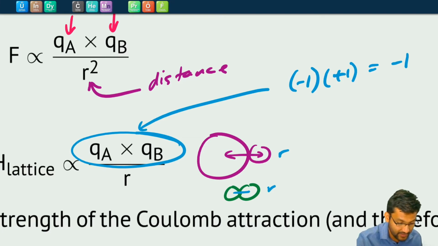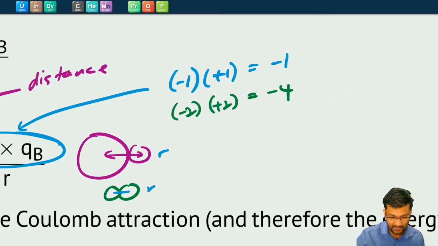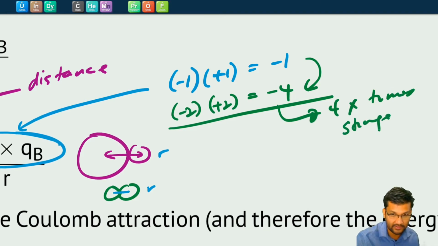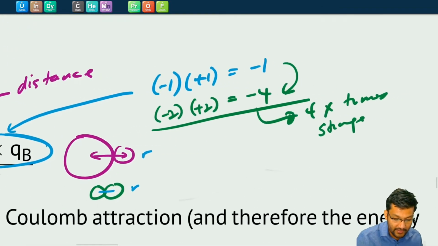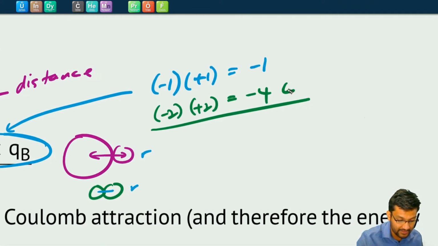Compare that to a -2 ion with a +2 ion, which comes out to -4. If the distances between them are roughly the same, the second case will be 4 times stronger than the first case, because the lattice enthalpy depends on the multiplication of the charges. So typically, the higher your charges, the stronger your lattice enthalpy.